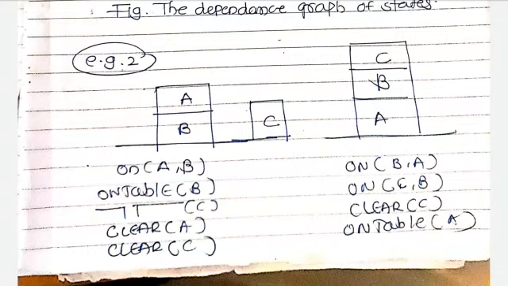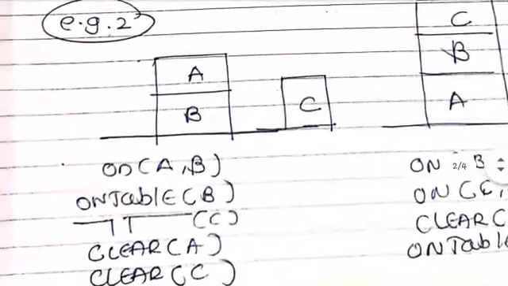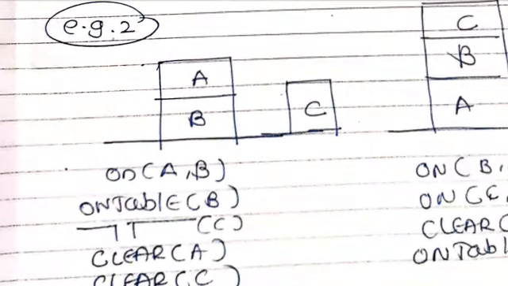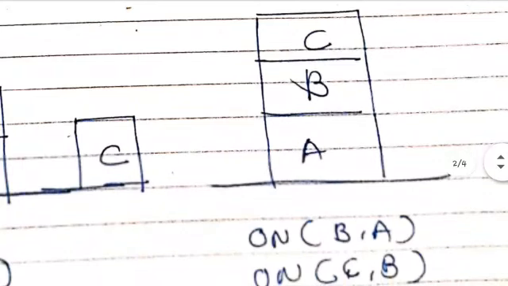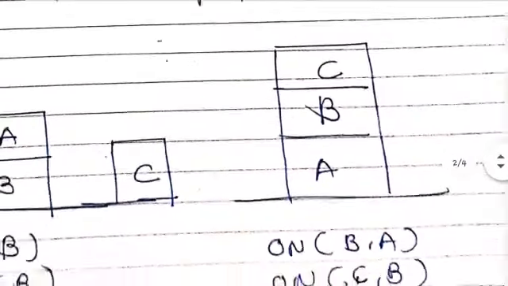Suppose we have our source node: A is on B, B is on the table, and C is on the table. A is clear and C is clear. Our goal node is: C is on B, B is on A, and A is on the table, and C is clear.